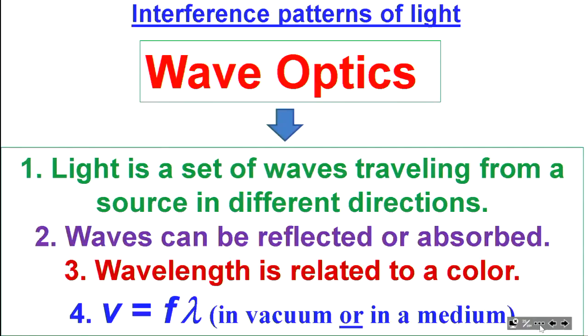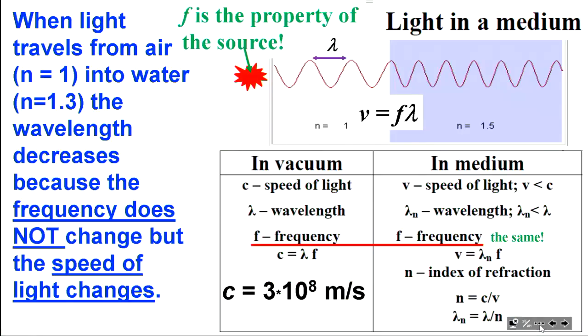And this equation can be used for light in vacuum, air, water, in any medium. But all three variables are supposed to be related to the same medium. We also said we know that the frequency is a function of a source. The source makes the wave, and then the wave travels away. And when a wave travels through different media, frequency can't change, but speed can.